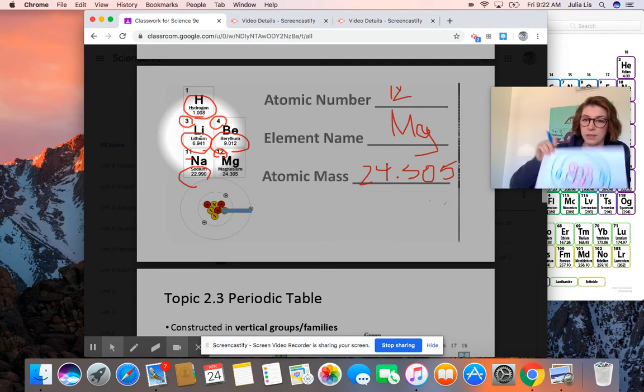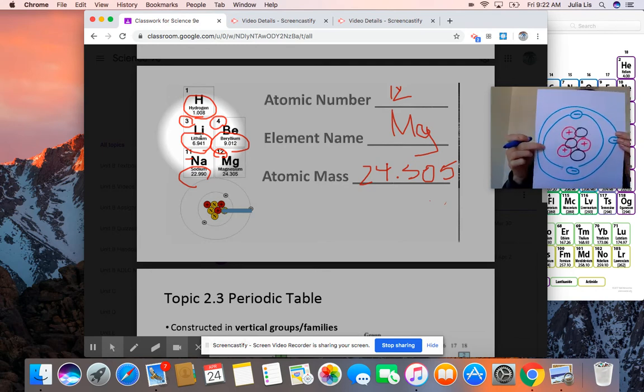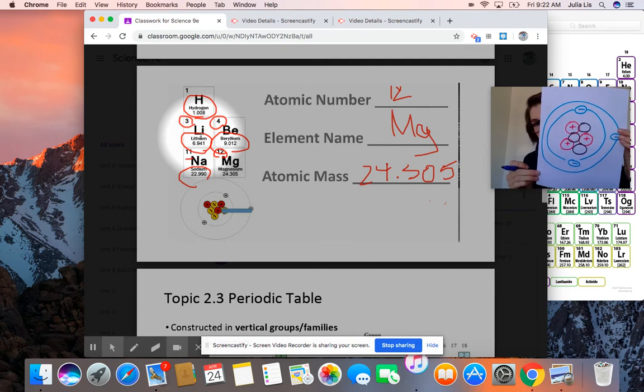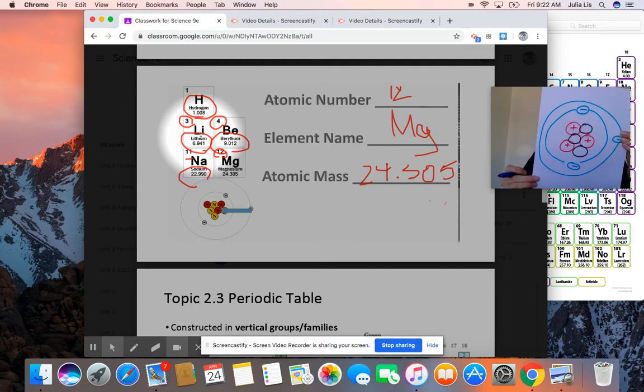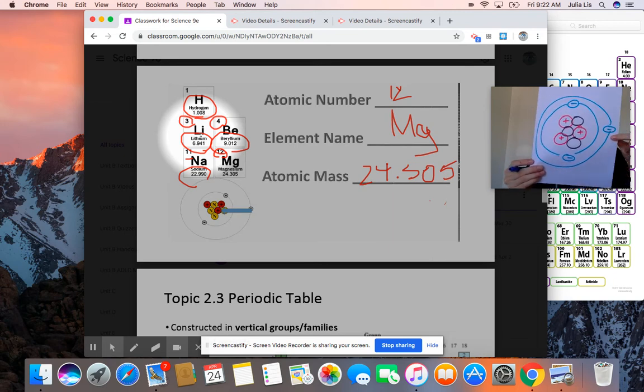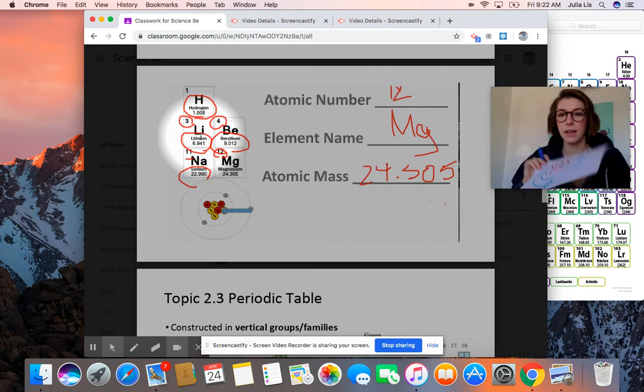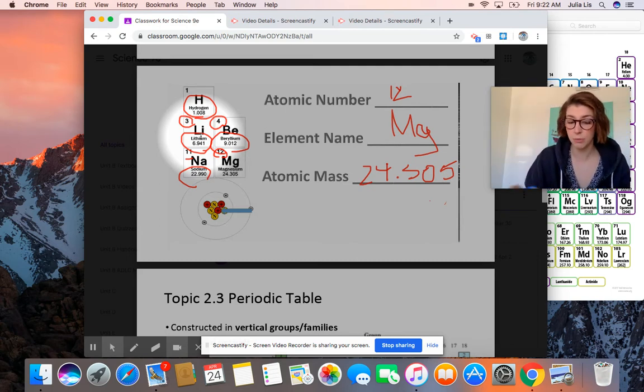Okay, and you'll see here that in the first ring, the most inner ring, there are only 2 electrons. It caps at 2 electrons. Then in the second ring, for that third electron over here, I have it floating in a separate ring. Okay, that's the Bohr model.